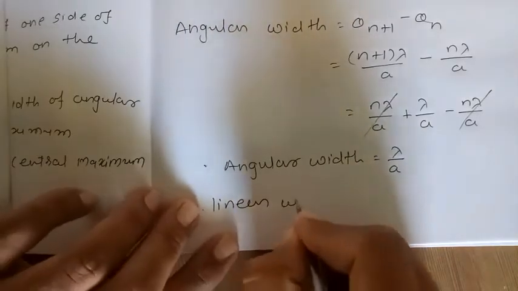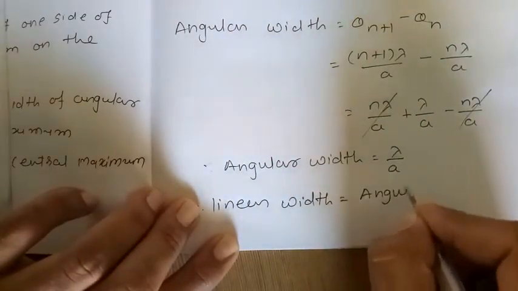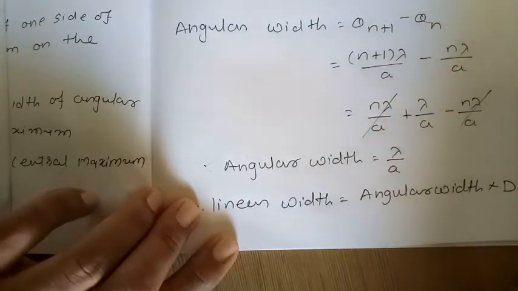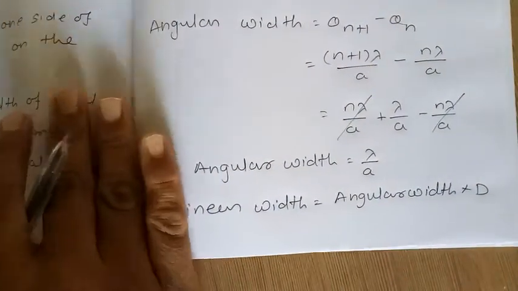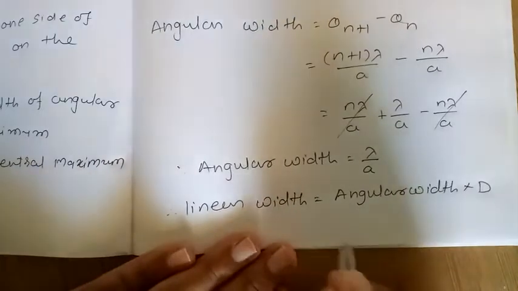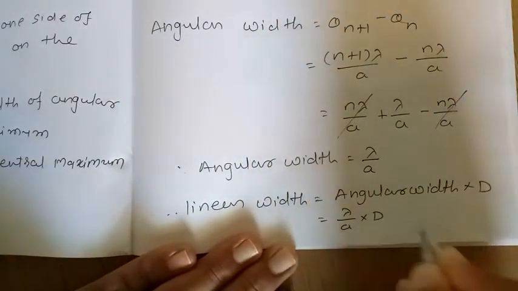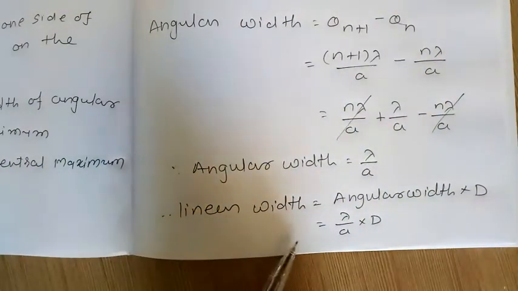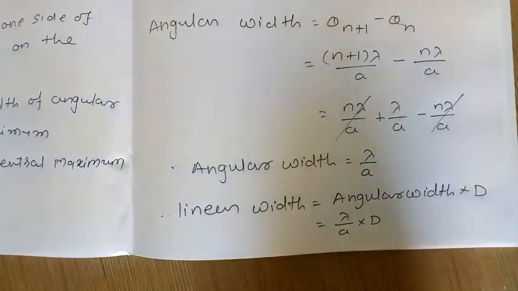Now the angular width is lambda by a, so we get linear width is equal to lambda by a into D.